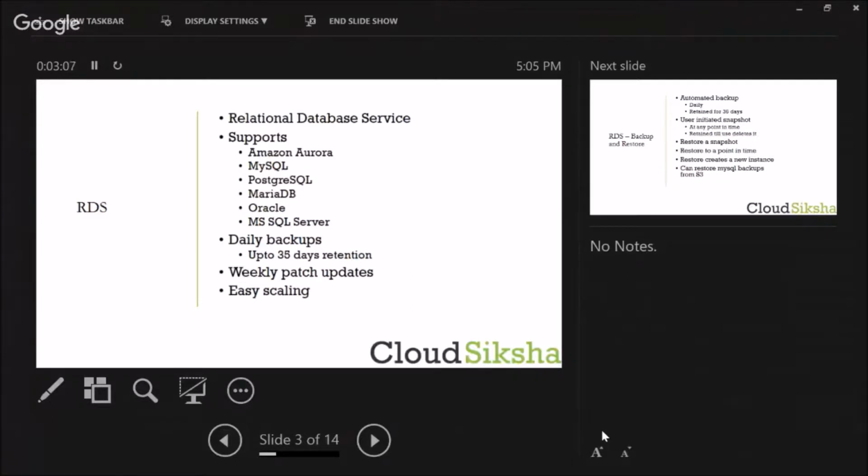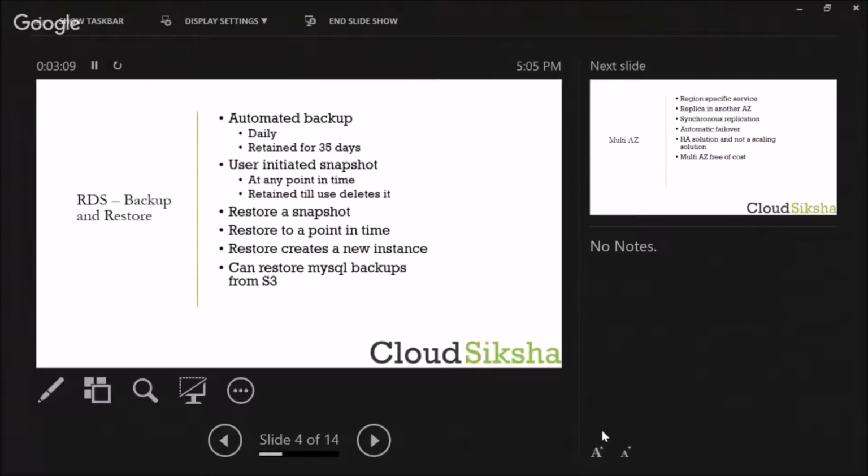We now come to the backup and restore part. The first thing is that backups are of 2 types. One is the automated backup. The other is the user-initiated backup. The automated backup as well as the user-initiated backup are both snapshots.